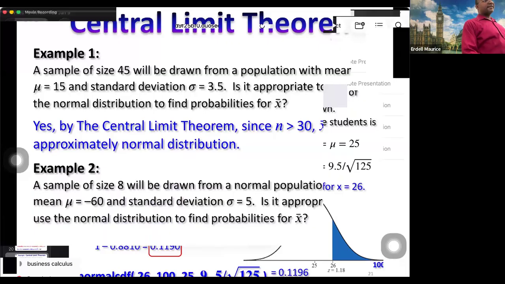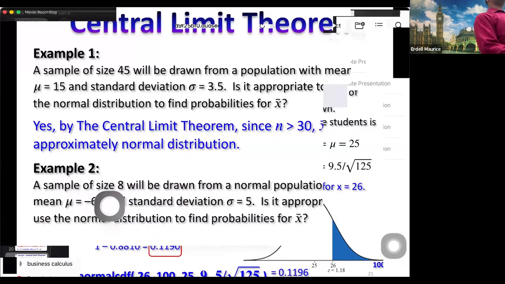Example number 2. You have a sample size of 8 that will be drawn from a normal population with a mean of -60 and a standard deviation of 5. Is it appropriate to use the normal distribution to find probabilities for X bar? Yes or no? The first thing we'll do is check the sample size. It's 8, that's no good, right?